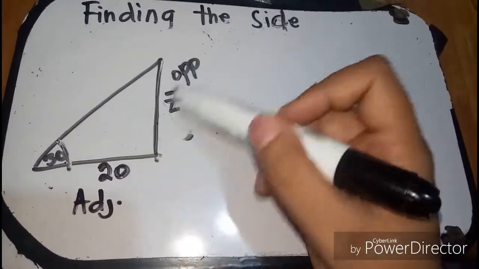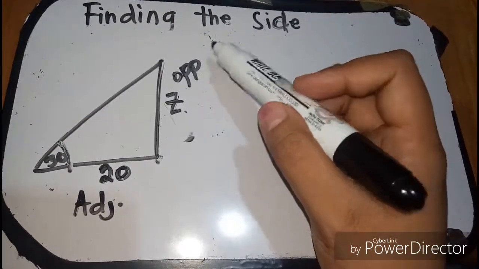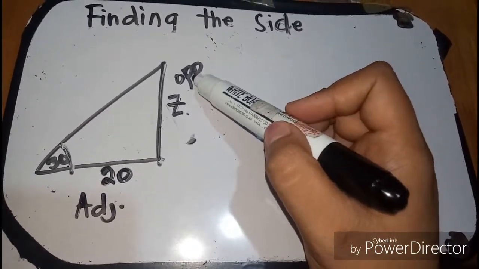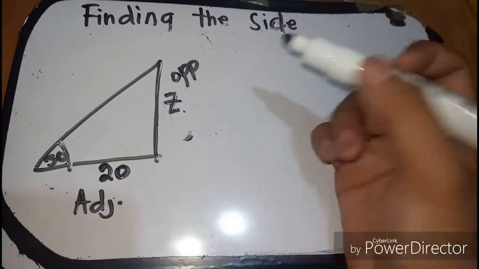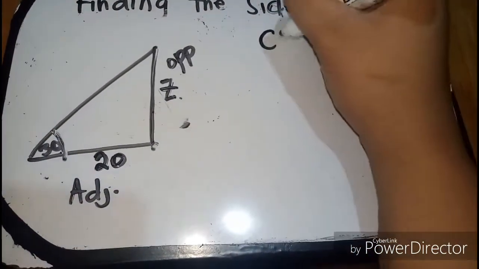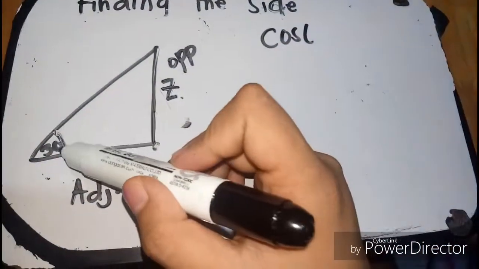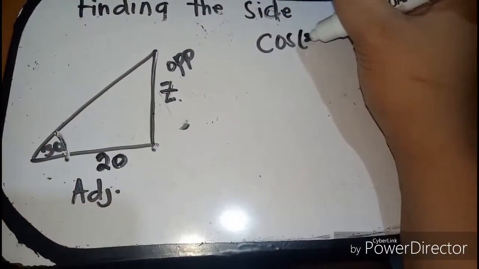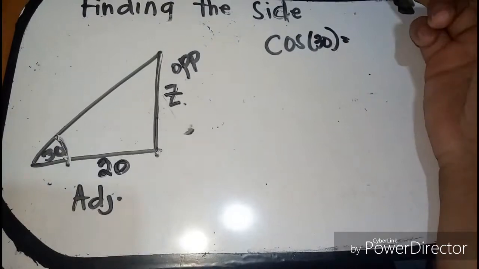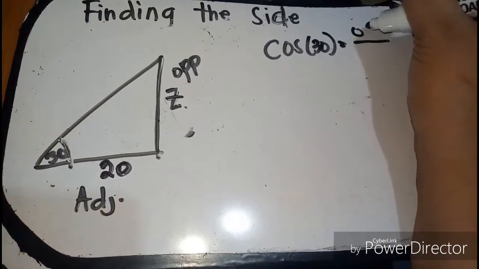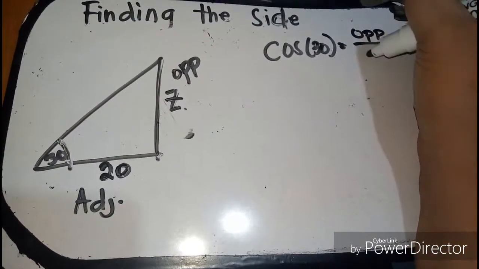We're going to use the formula with the opposite and the adjacent, that will be cos angle of 30 equals opposite over adjacent.